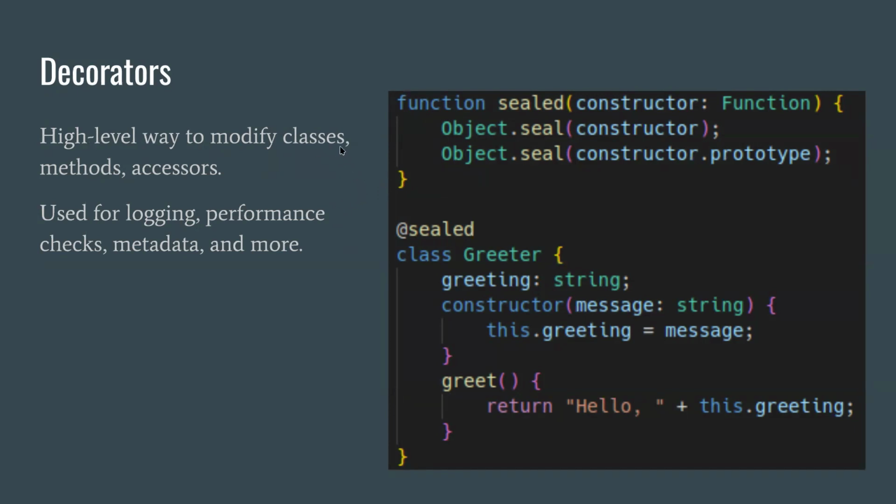They are really powerful for writing declarative code and managing cross-cutting concerns. So you can see in the example, we are using the seal decorator. We'll go over more in detail when we cover decorators in the lecture.